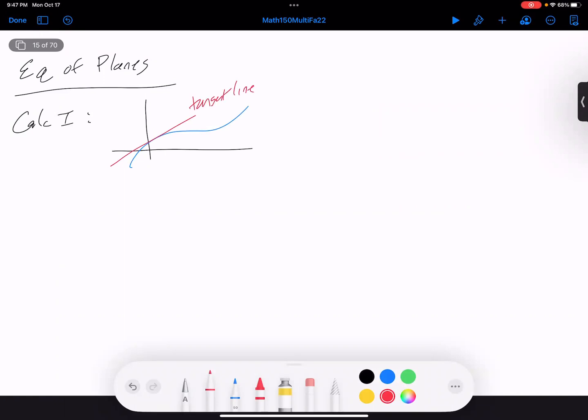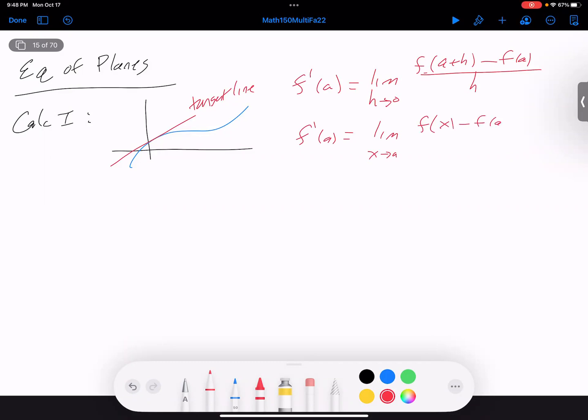There are two ways of writing the derivative. You can write the derivative at some point a as the limit as h goes to 0 of f of a plus h minus f of a, over h. Or you could write it as f prime of a is the limit as x goes to a of f of x minus f of a over x minus a.